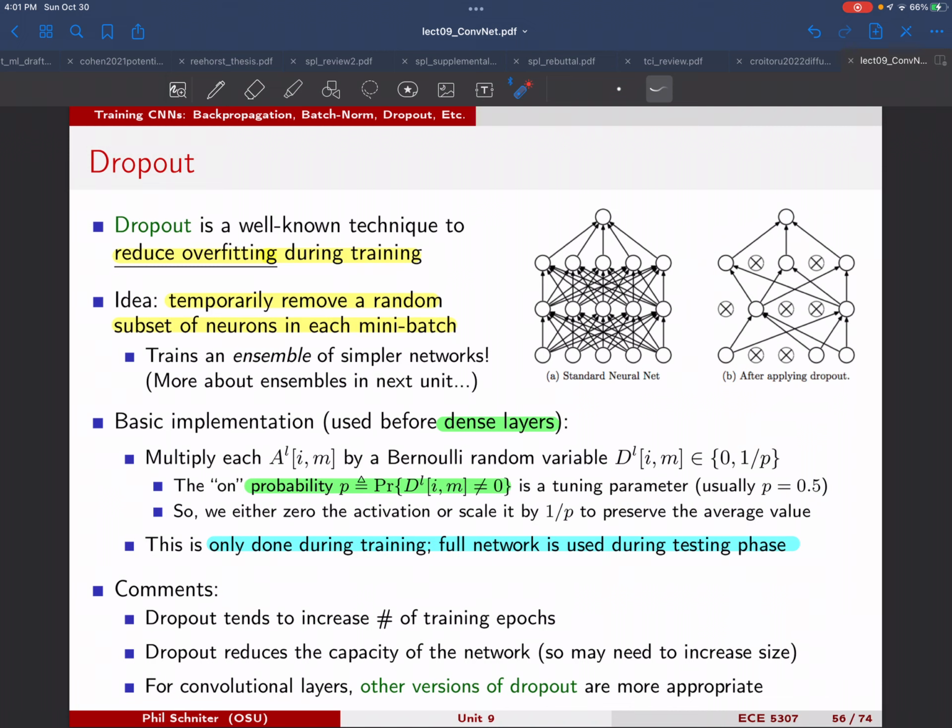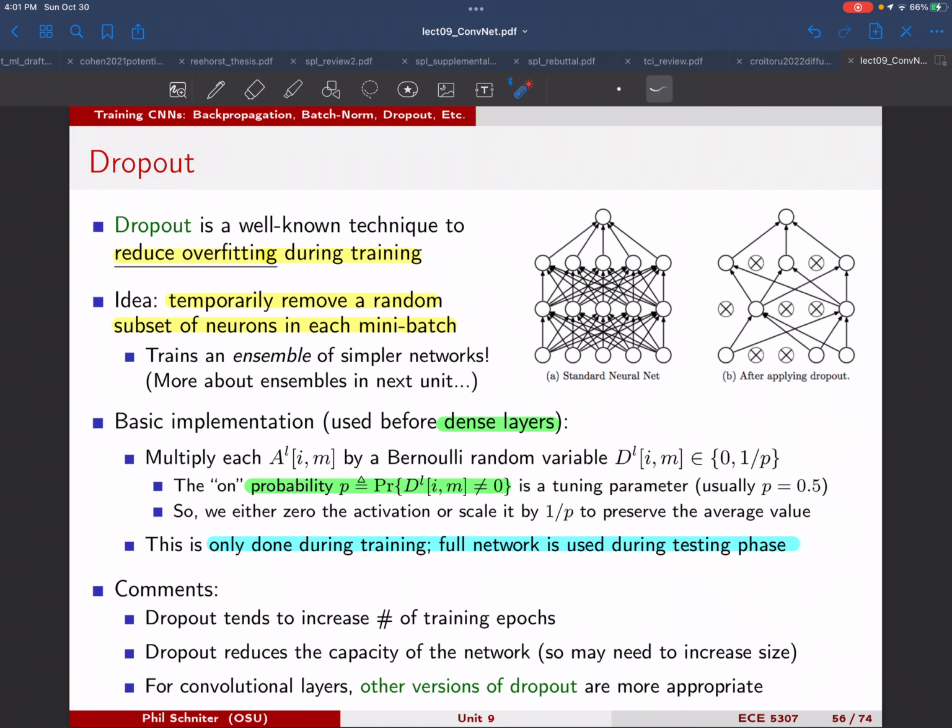When you use Dropout, it does tend to increase the number of training epochs. It does tend to reduce the capacity of your network. So if your network is not really overfitting that much, Dropout might not be helpful. However, if you still want to use it, you could add more channels or hidden nodes to your network to make it more powerful so that it is overfitting, and then reduce some of that overfitting with Dropout, and get the benefit of an ensemble.